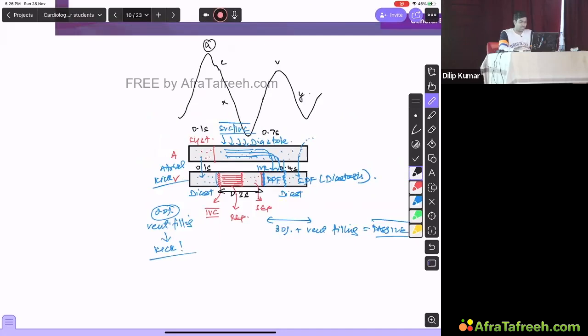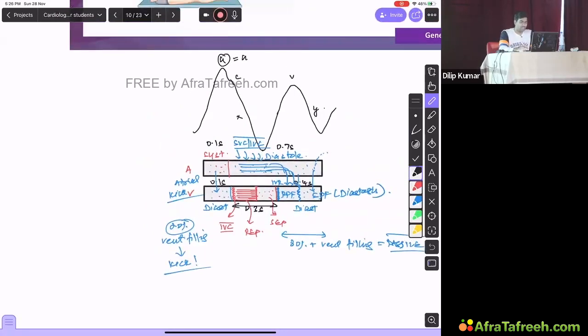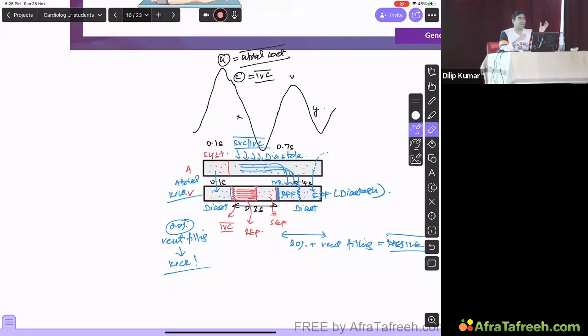So first, you know what is the reason for the A wave? The A wave is due to what? Atrial contraction. We all know that. And what is the reason for the C wave? The C wave is due to isovolumetric ventricular contraction. So why does the C wave happen? Basically, I told you during isovolumetric ventricular contraction, both the valves will be closed, but the ventricle will still continue to contract.